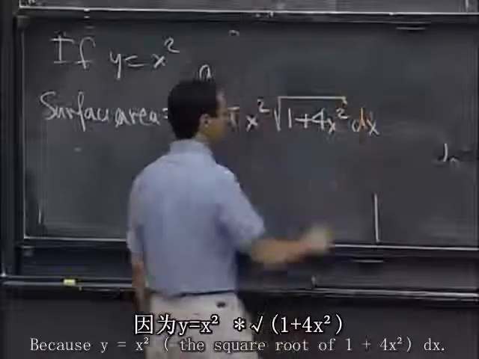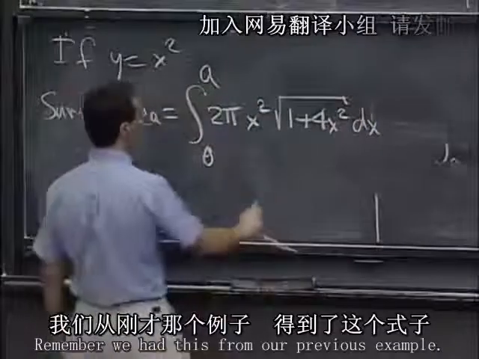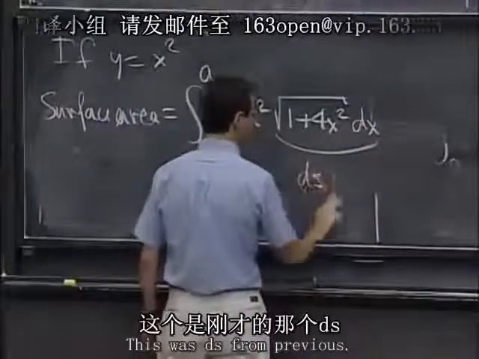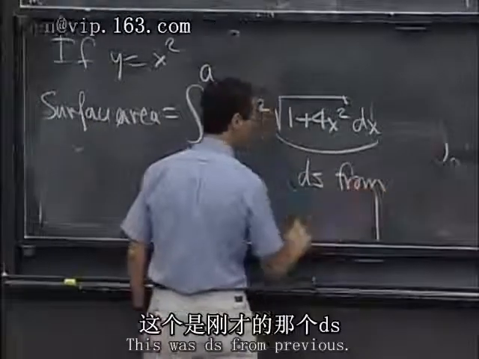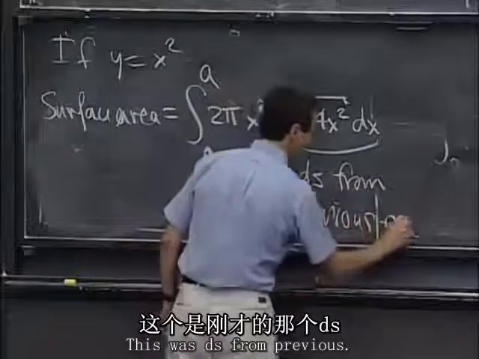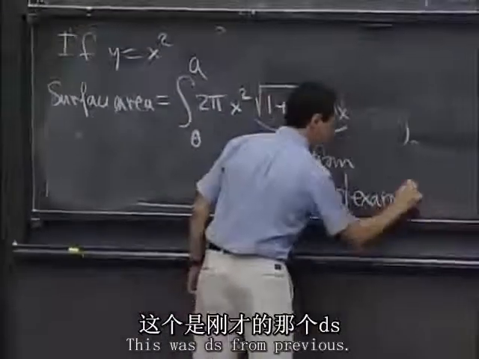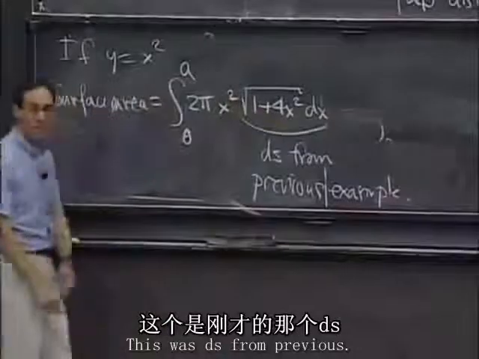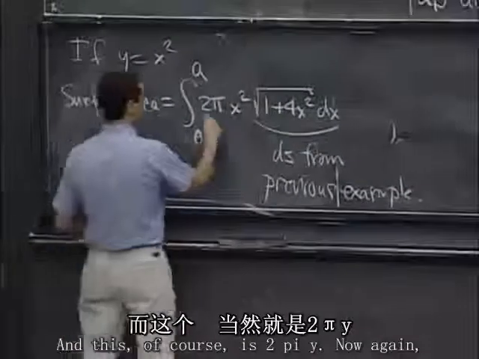All right, remember we had this from our previous example. This was ds from previous. And this, of course, is 2 pi y.